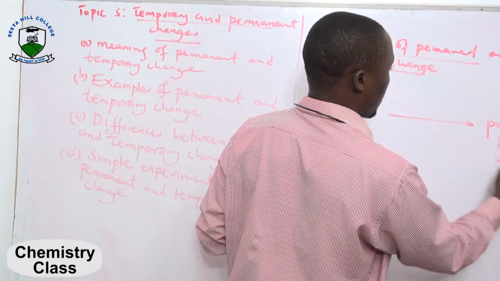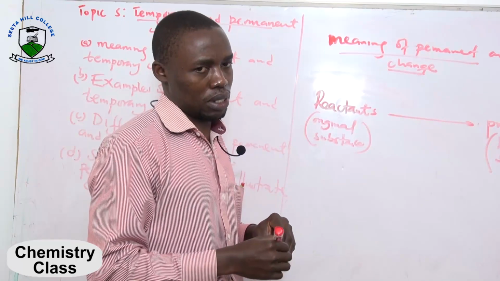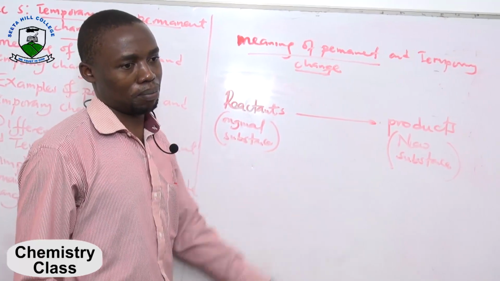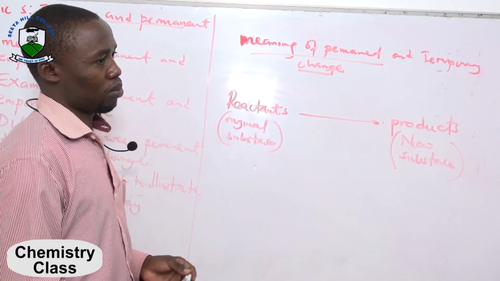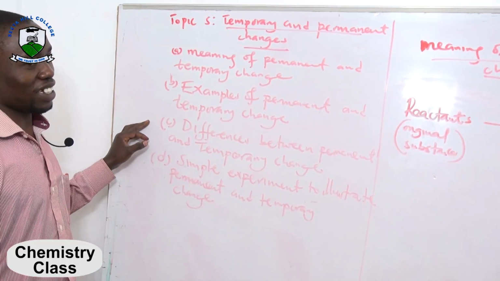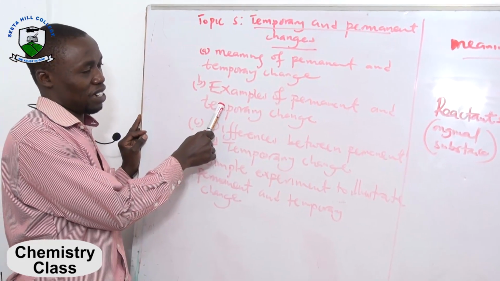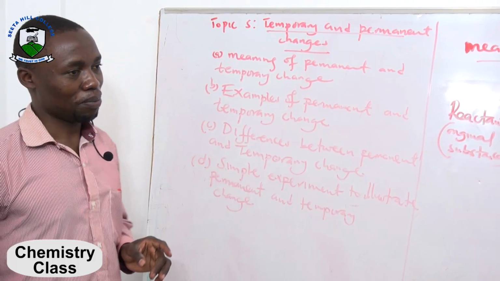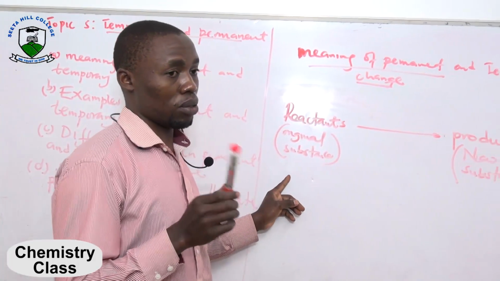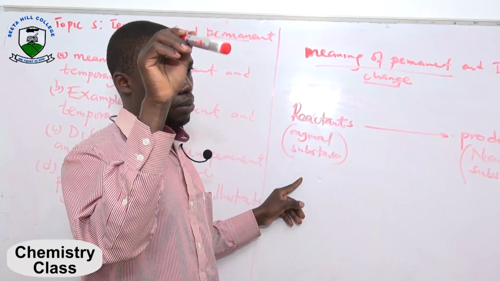That change is said to be chemical because there is a change in the chemical names from reactants to products. I think that's very clear. Let us now examine some simple examples of permanent and temporary changes. Now we have brought in the concept of a chemical reaction here. We shall visit it ahead.